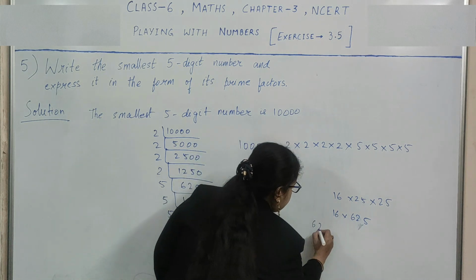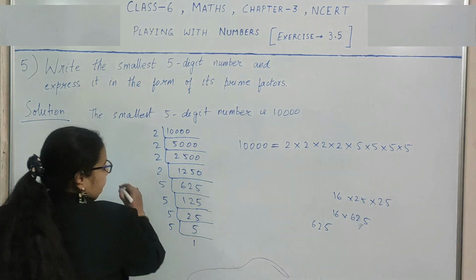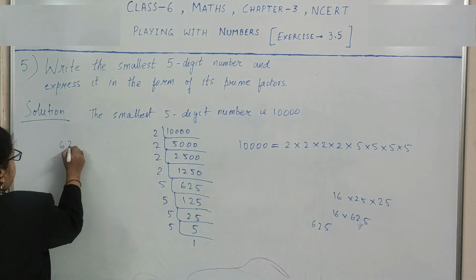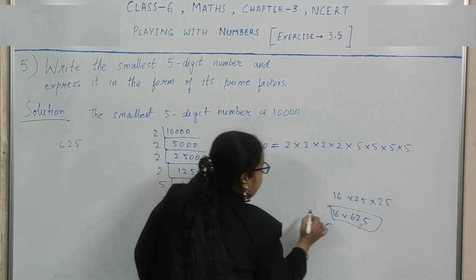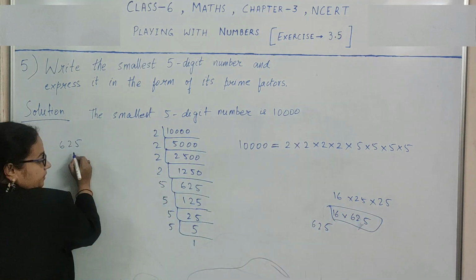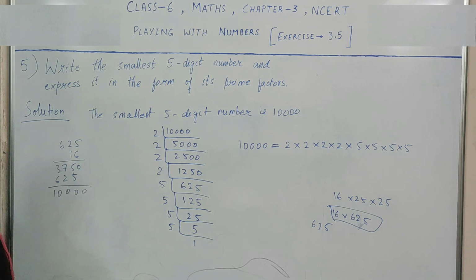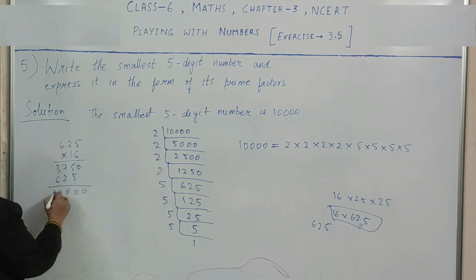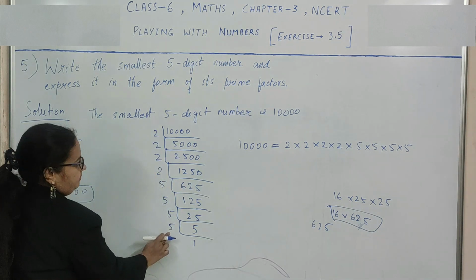You can check. See, 625 multiplied by 16 will give this one, 10,000. See, what we got? We got 10,000 by multiplying these numbers.